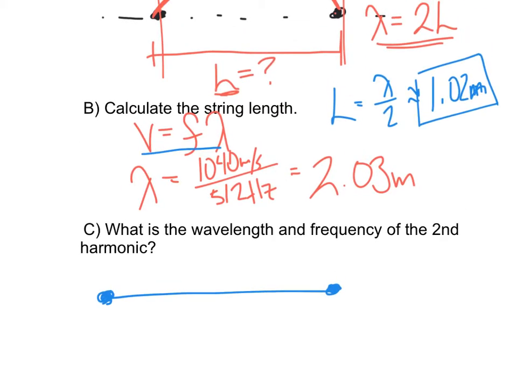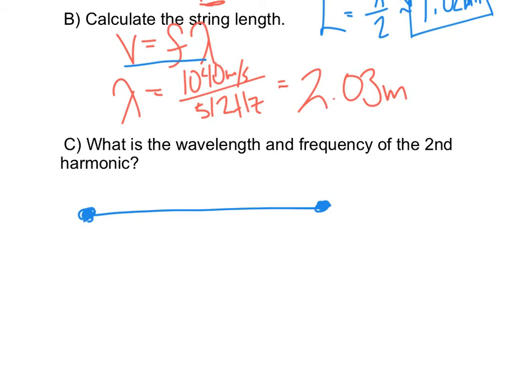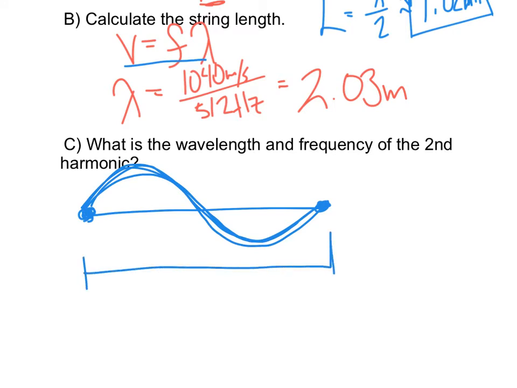So what I'll do is I will take a look at my fundamental frequency, and I'm going to add another half wavelength on there and compress it into our wave. So our second harmonic should look like this. All right, so for our second harmonic, one thing to note, the length of the string itself equals our wavelength.